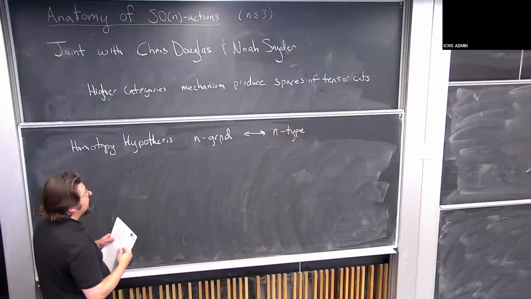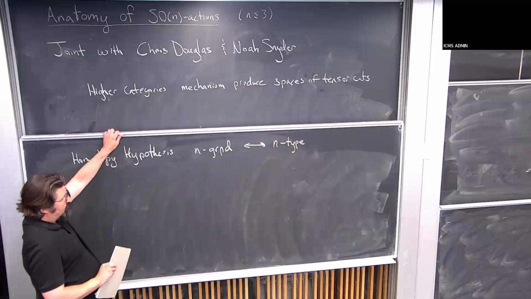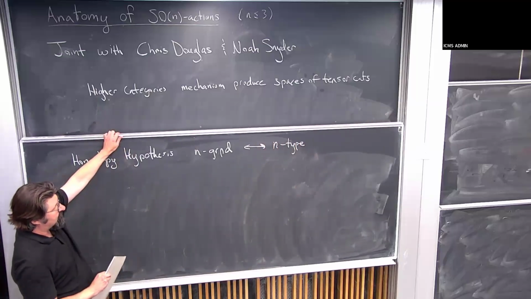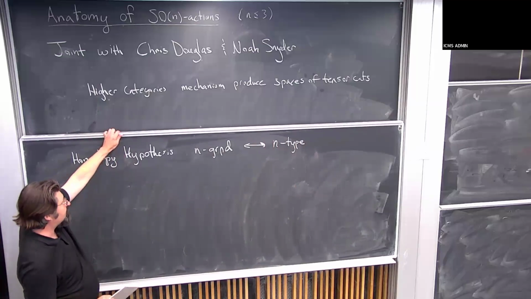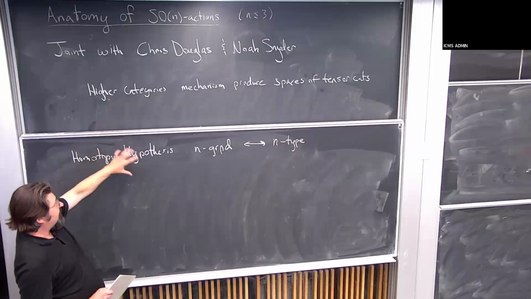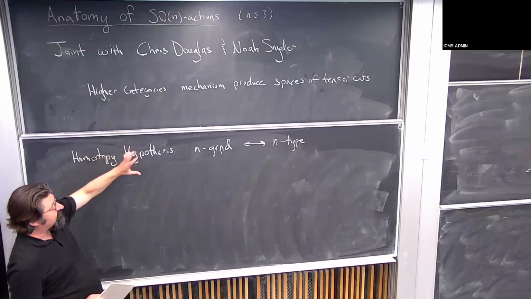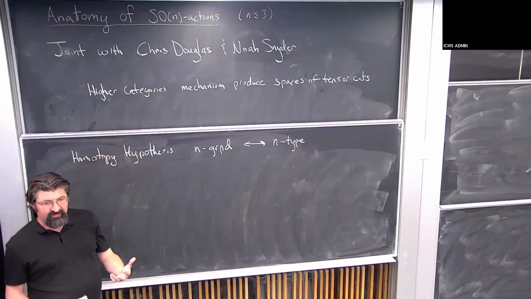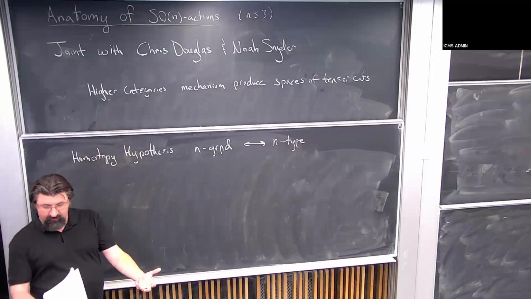And already this gives us a way to create various spaces of tensor categories. If you can construct a higher category of tensor categories, then inside that is a higher groupoid, and therefore you get a homotopy type, and you can study that.